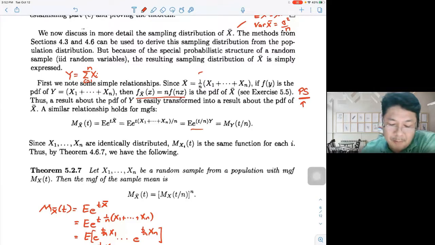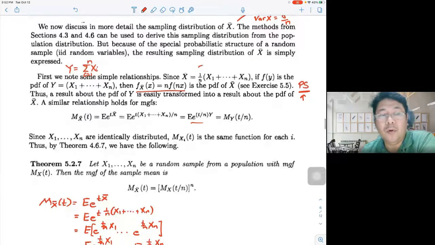Okay, so another relationship that will hold for the moment generating function. This is still between Y, which is the finite sum of the random variables, and the sample mean.